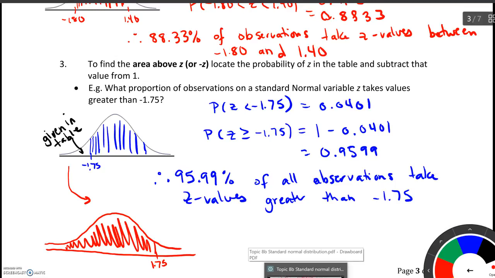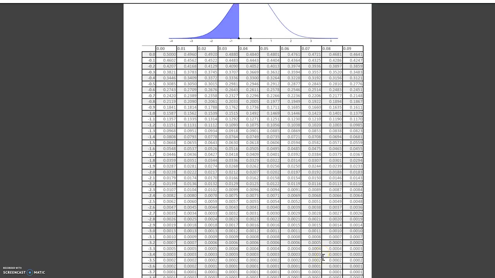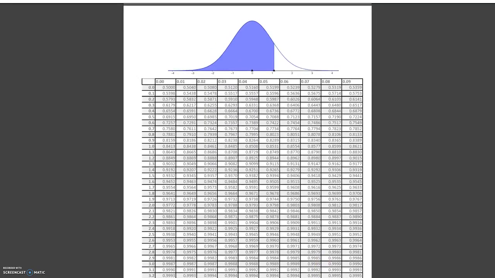So you can check if you look up a Z value of positive 1.75, sure enough, we see that same value, 0.9599, indicating that 95.99% of all observations take Z values greater than negative 1.75 or less than positive 1.75.